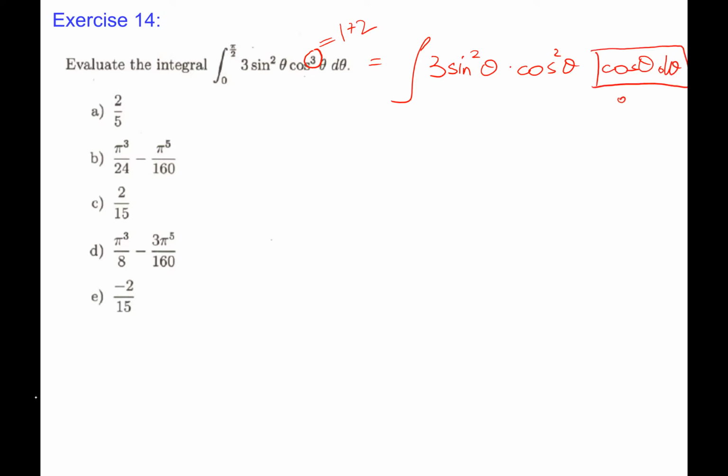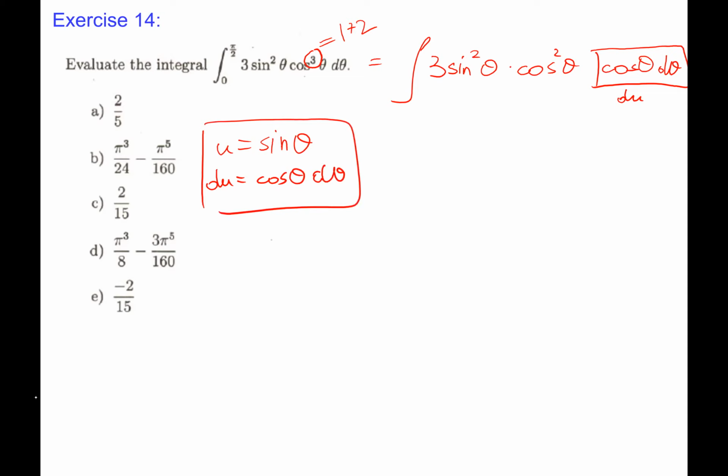That means if this is du, what shall I do with u? U should be sine, the opposite. Thank you. Okay, that means this is cosine theta d theta. Sine square theta.